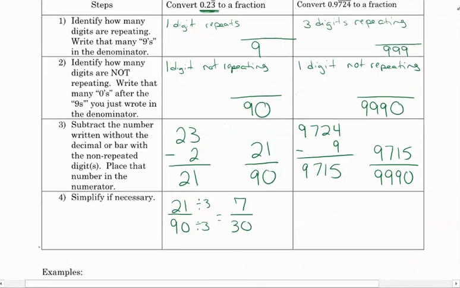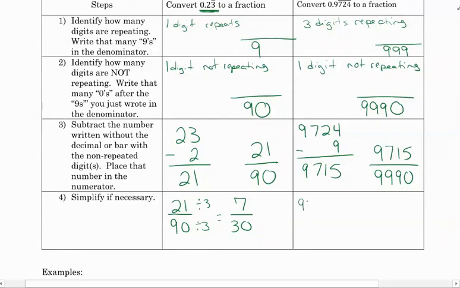Okay, and then I am going to see if I can divide that. So 9 plus 7 is 16, 17, 17 plus 5 is 22. That's not divisible by 3. So I wonder if there's any other... Oh, well, they both end in a 5 and a 0, so I can at least divide by 5.